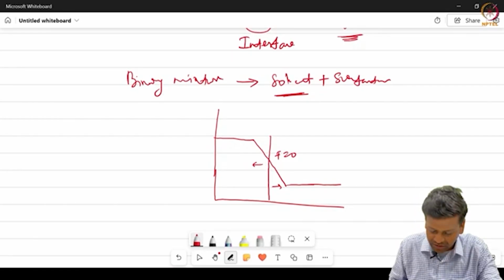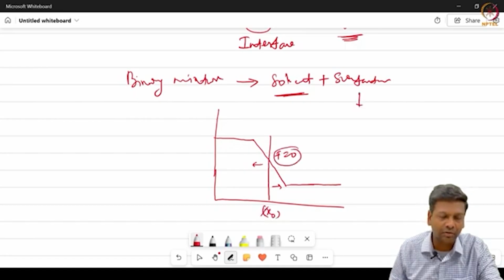Now, when surface excess is 0 at this point, there is only one component left, that is the surface excess of the solute molecule, that is surfactant in this case. So it is easier for us when you have the equation for surface excess, especially for binary. One of the surface excess components we can neglect, because we choose the dividing plane such that the surface excess is 0, okay, right.